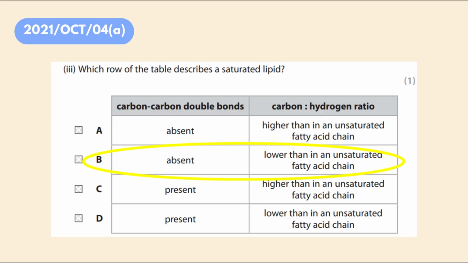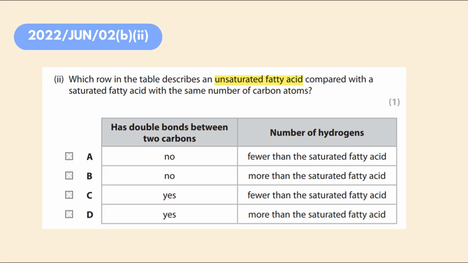Carbon-carbon double bond is absent and carbon to hydrogen ratio is lower than in an unsaturated fatty acid chain. The next question is from the June 2022 paper. It's a similar question but it tests a different concept. And this time the question is about an unsaturated fatty acid. Unsaturated fatty acids do contain carbon-carbon double bonds.